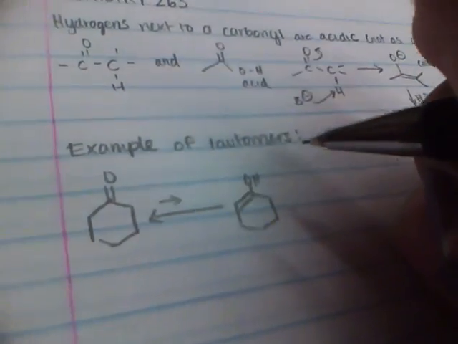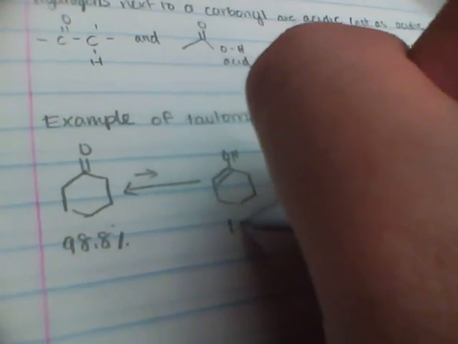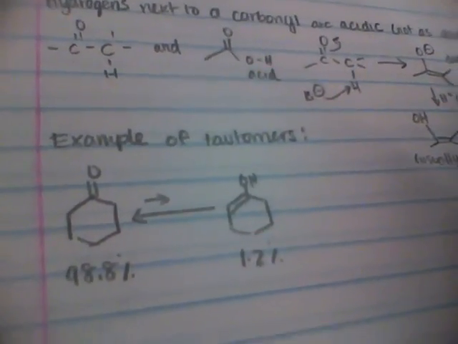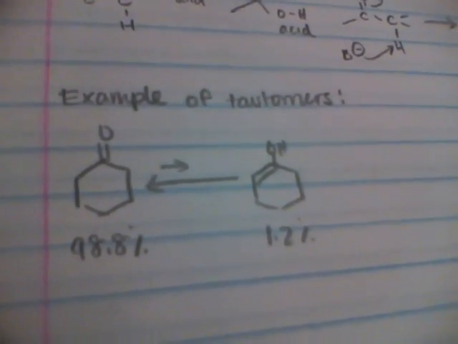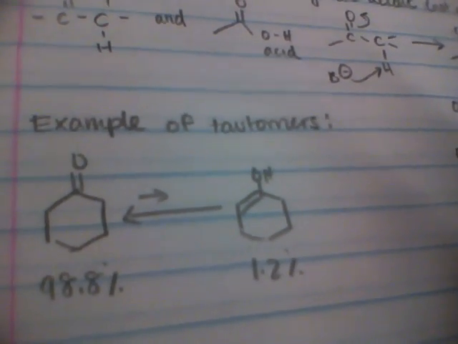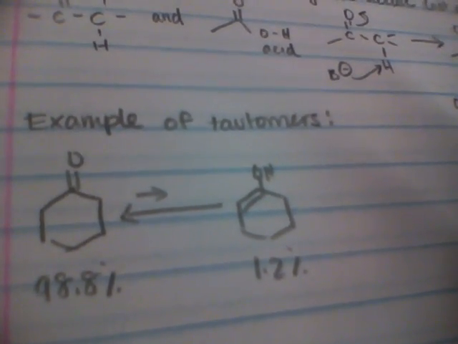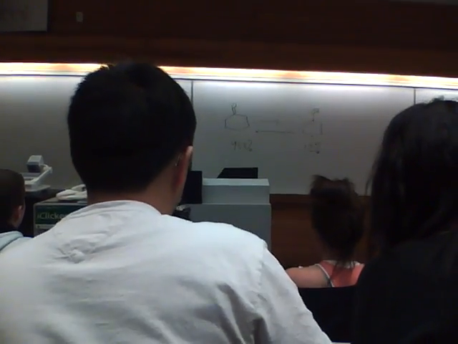And if you have acetone, the proportion is even lower. But there are certain types of carbonyl compound in which the proportion of the enol form is very, very high. And the compounds in which that happens are compounds in which the structure is such that the enol form is stabilized.